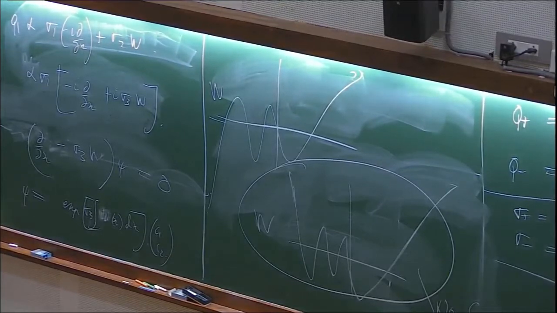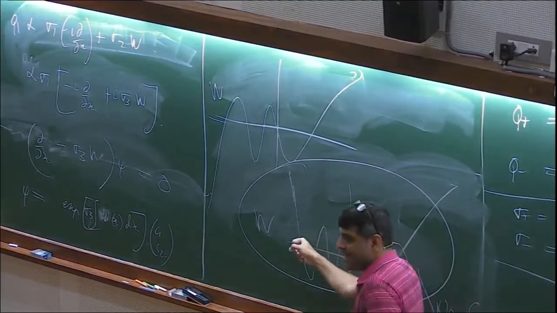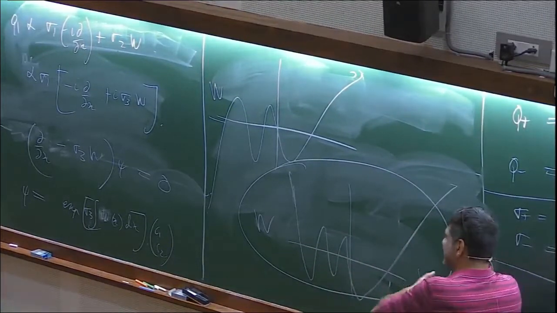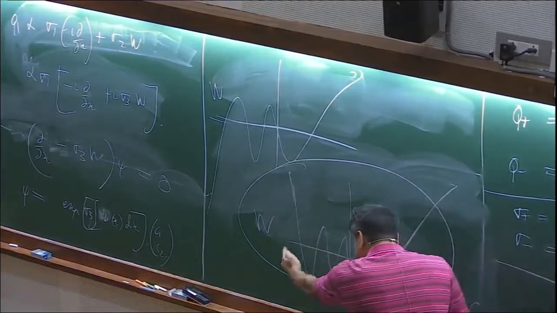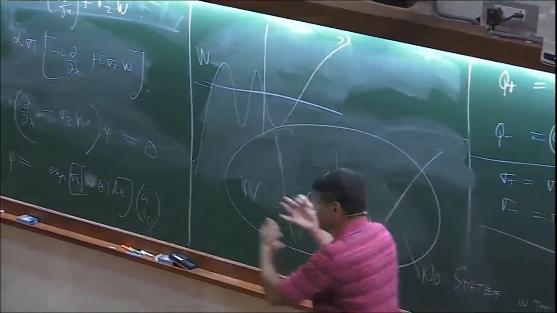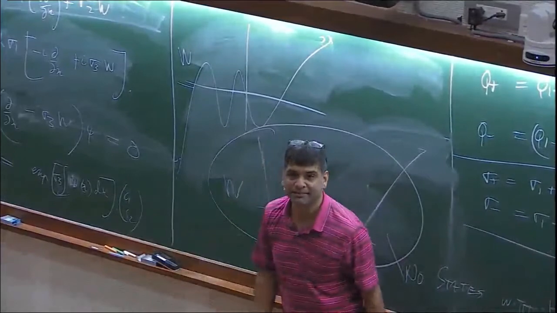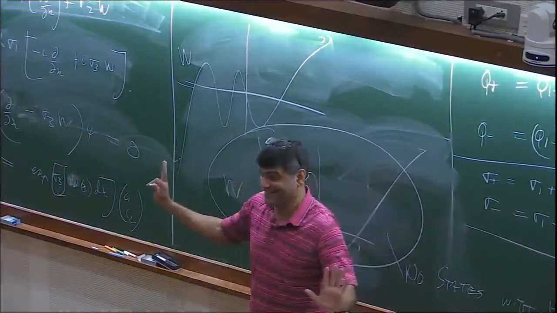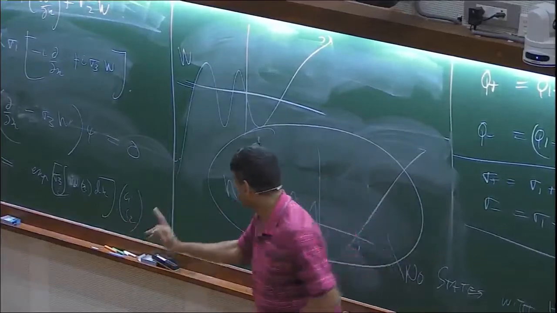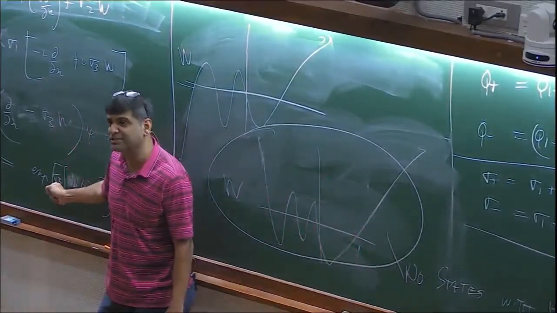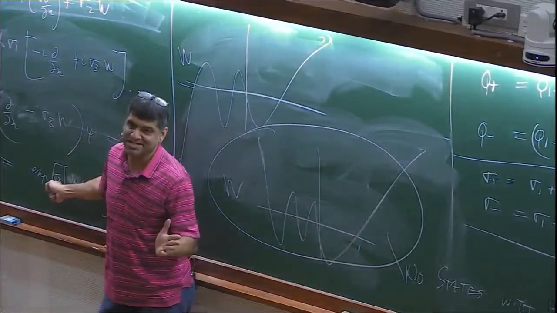Okay? So if a function looks like this, it goes to plus infinity as x goes to infinity, but goes to minus infinity as x goes to minus infinity. No state. Now this sigma 3 here is an operator whose eigenvalue is either plus 1 or minus 1. So we have two options.